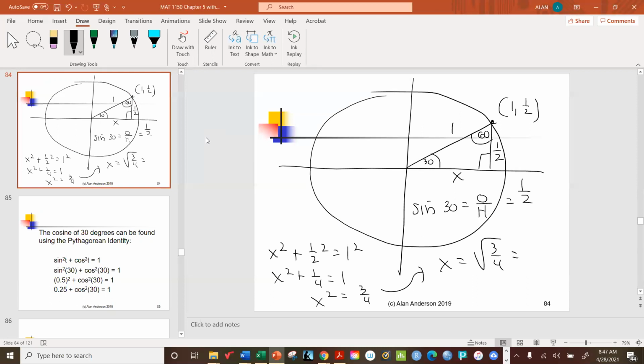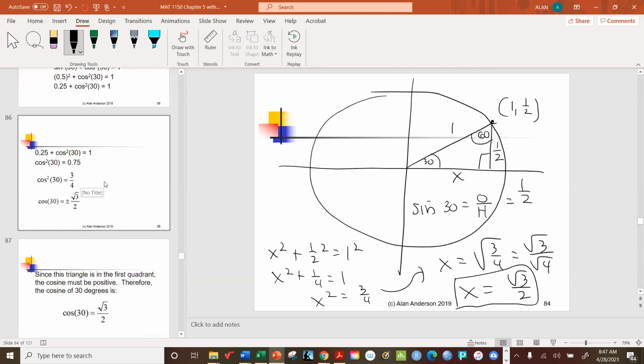So what we'll do is we'll break it up into two pieces. And so we end up with X equals radical 3/2. Yeah, that's a lot more like it.